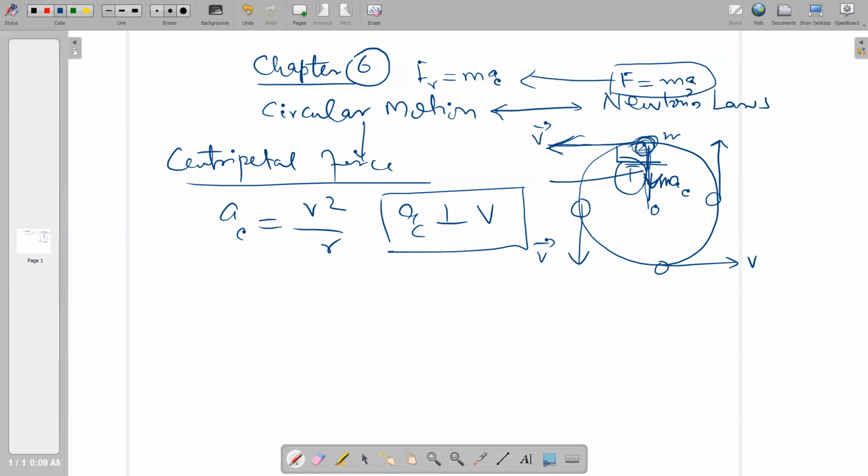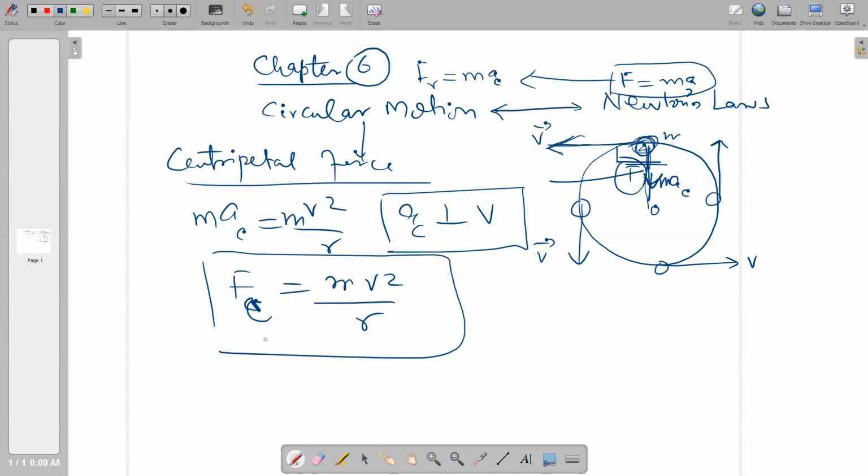But here we are relating this centripetal force with the second law of motion. So this is our target. Now let's see, the centripetal force is what? If I put here m and put here m, then this is F of c, and this is equal to mv square over r. F of c is equal to mv square over r.